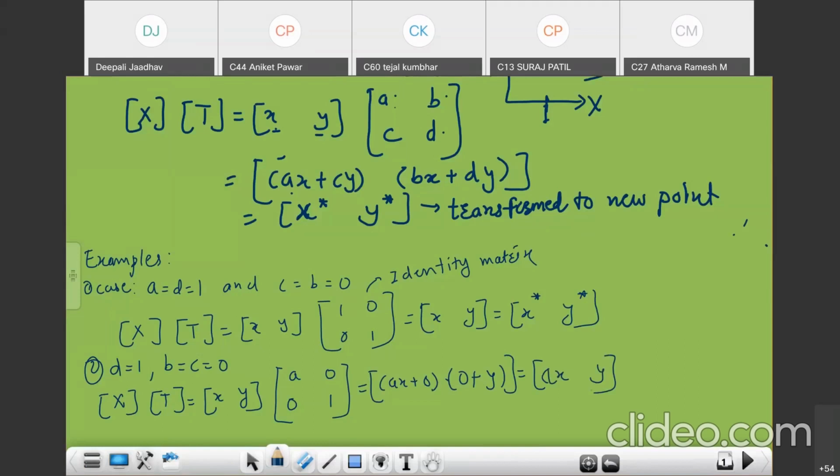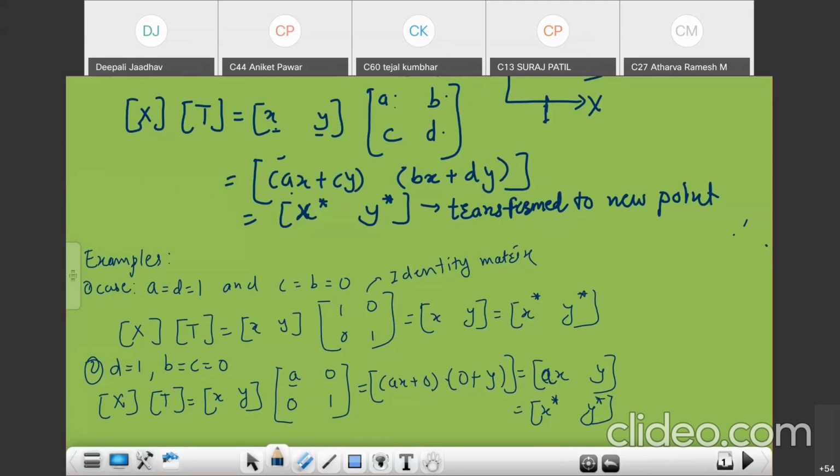x and y is equal to x star and y star. Once again, the second case: d is equal to 1, the diagonal points are a and 1, where a has some value and b and c, the off-diagonal points, are 0. So when we multiply this with the original coordinates x and y, we will get the result ax and y.